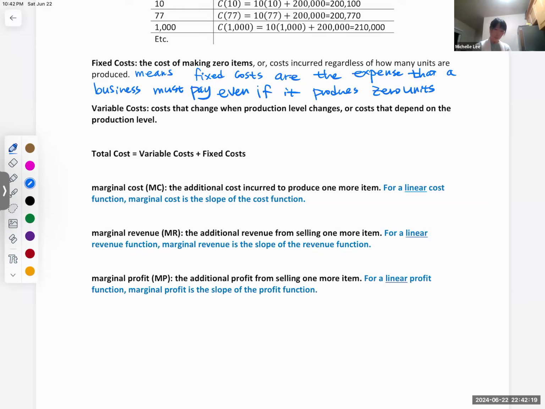Okay, so for example, even though they don't produce anything in business, they have to pay the rent, they have to pay the salaries, right? And they have to pay the insurance, whether car or building or rent, right? Or utilities.